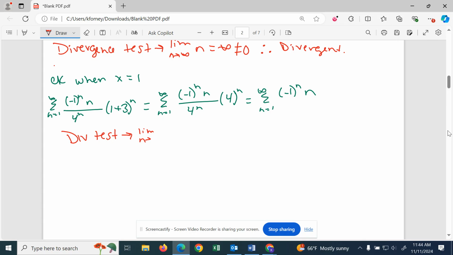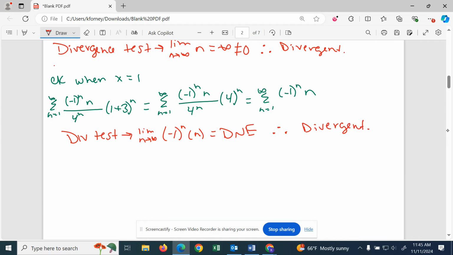So the limit of negative 1 to the n times n does not exist, therefore divergent.